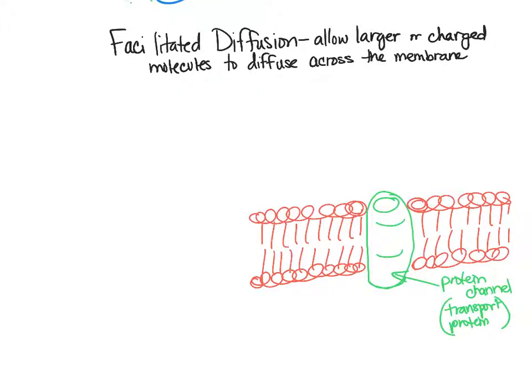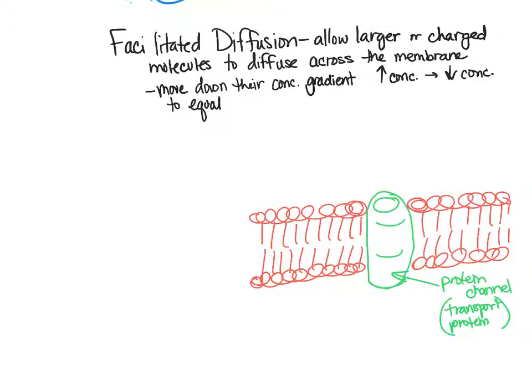So in this case, we're still talking about diffusion, and since we're still talking about diffusion, that means that we are moving molecules down their concentration gradient, meaning moving from areas of high concentration to areas of low concentration. So we're still having diffusion. It still does not require energy, and we still want to get them to equal.